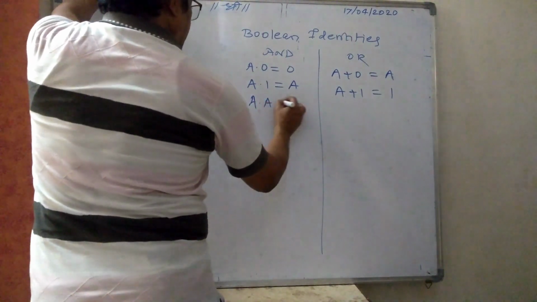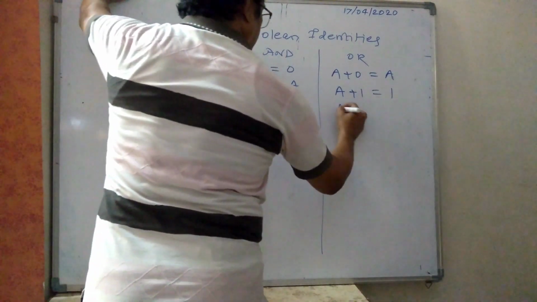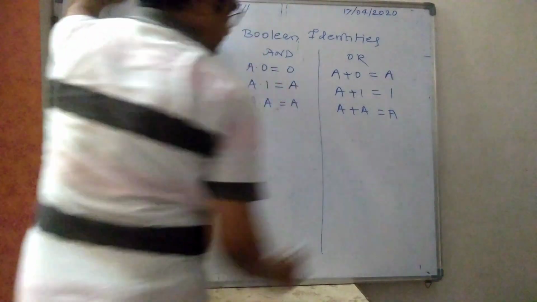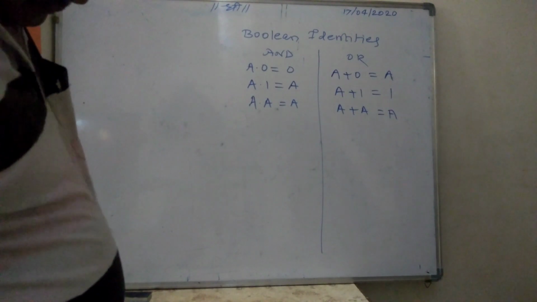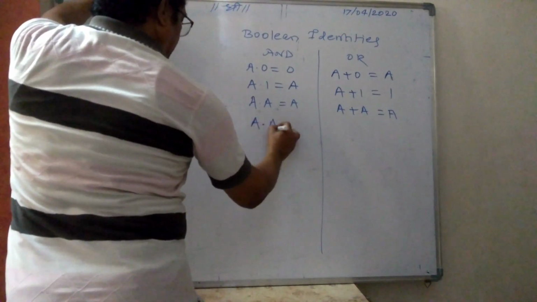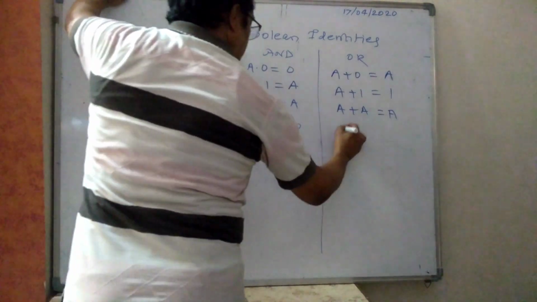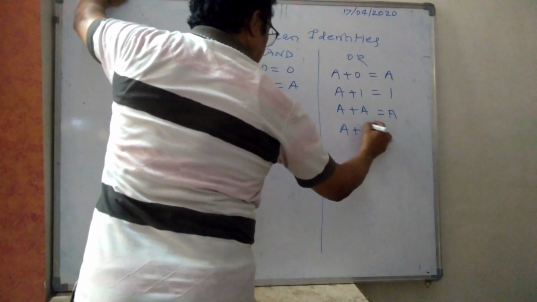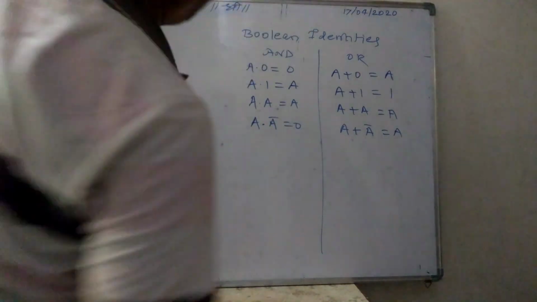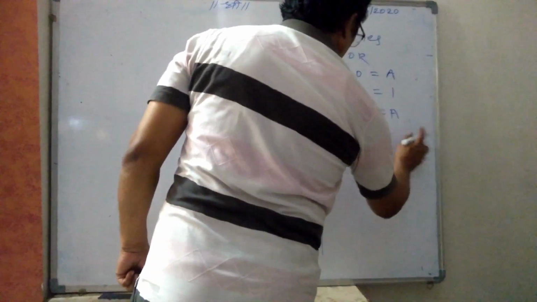A dot A is equal to A, A plus A is equal to A. A dot A bar is equal to 0, A plus A bar is equal to 1.